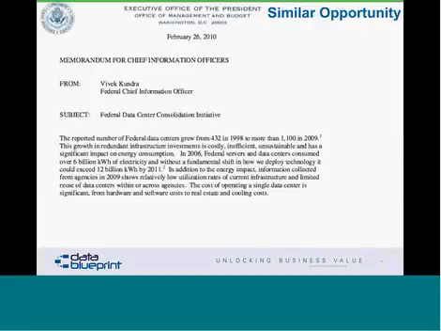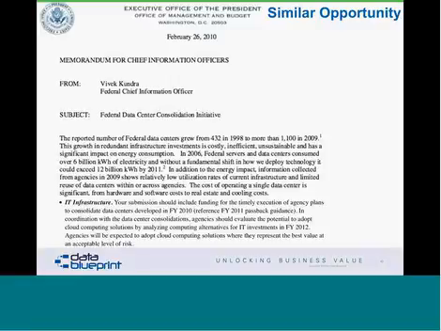Let me give you an opportunity here that the federal government is now going through. This is 3 years old at this point. Vivek Kundra, who was the federal chief information officer a couple of years ago, said, look, we've got too many data centers, and they're going from 400 to over 1,000, and we've got to do something about this. This is purely a cost perspective.